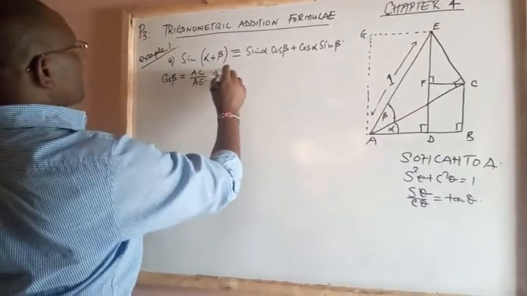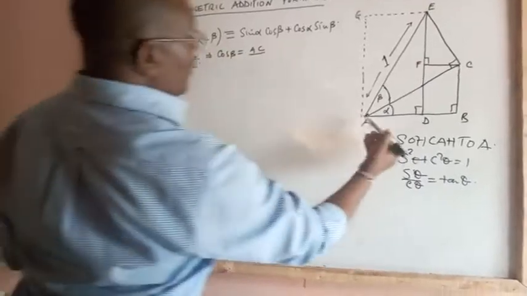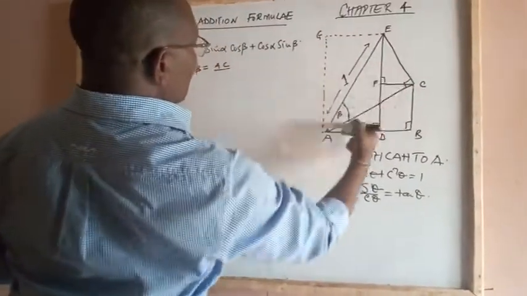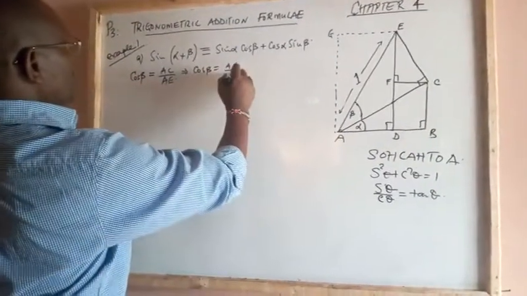It follows that the cosine of beta is AC over AE, and AE is equal to 1, so the hypotenuse of that triangle is equal to 1.